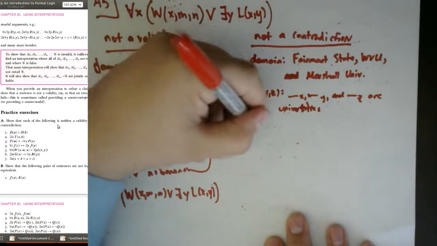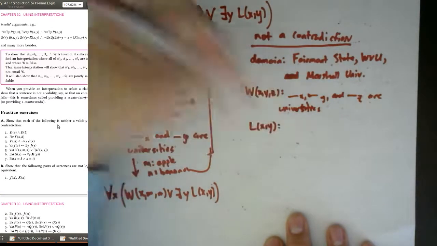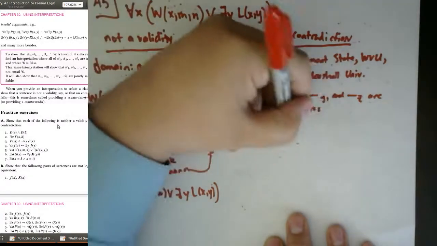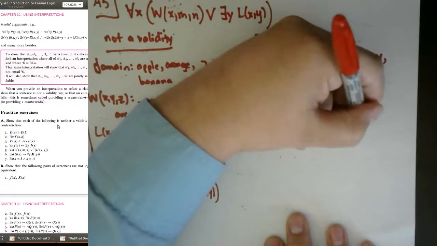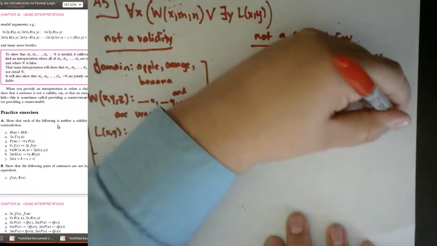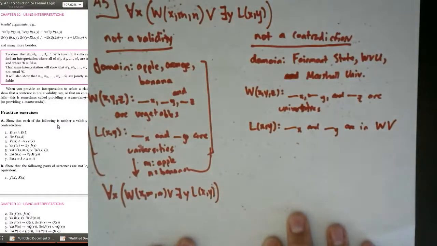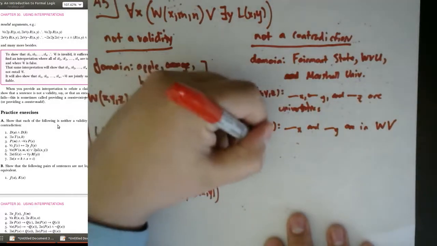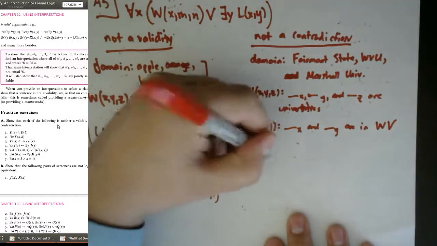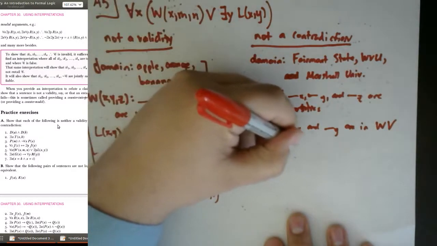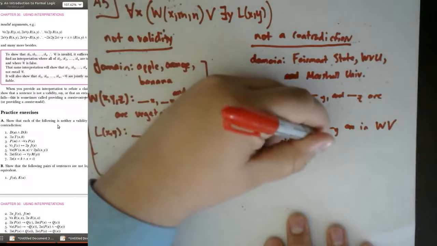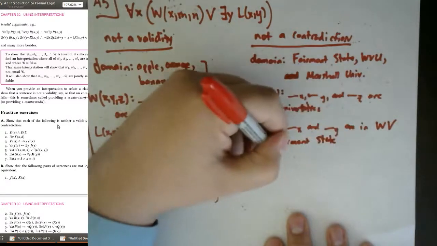And let L(x, y) mean x and y are in West Virginia, the state of West Virginia. Now let m be Fairmont State, and let n be WVU.